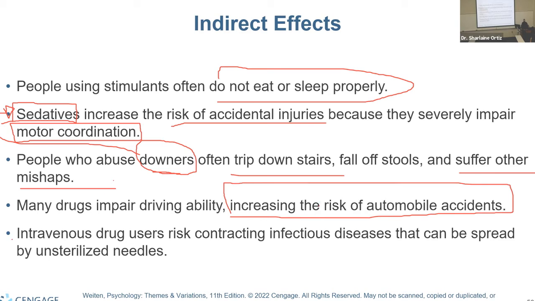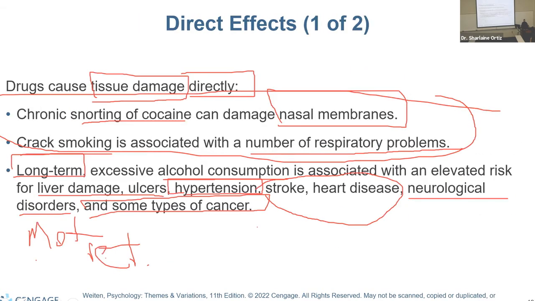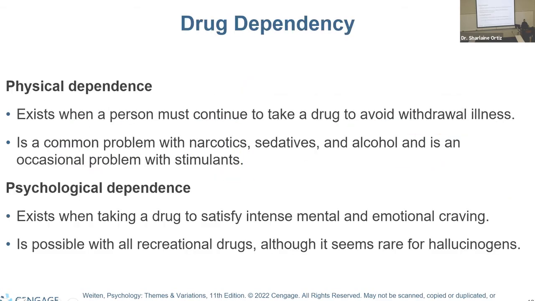Now, drugs that have to be injected, right? So intravenous drugs, which is what this term refers to, drugs that are injected directly into the bloodstream, can increase the risk of having an infectious disease because many individuals, as you remember, we head back to that psychological dependence.